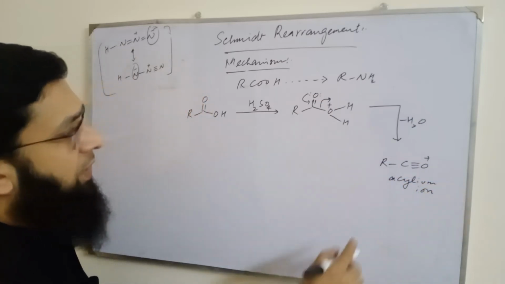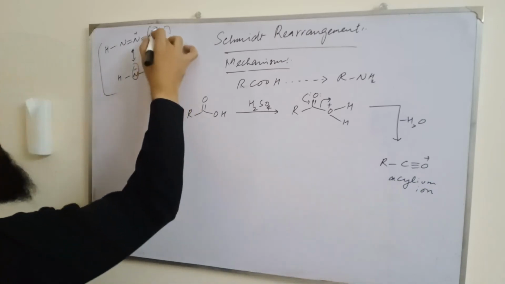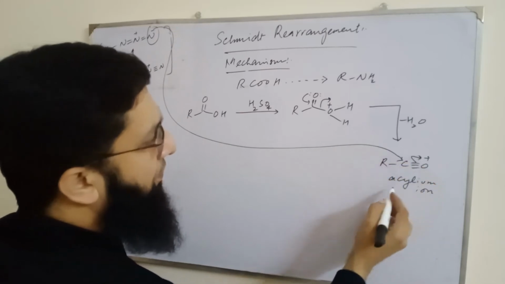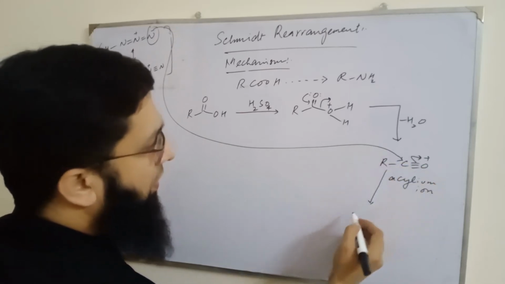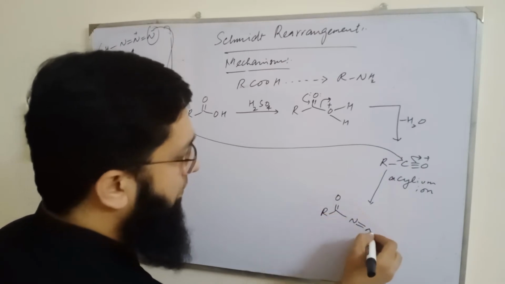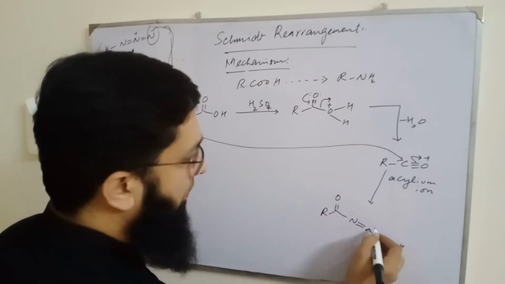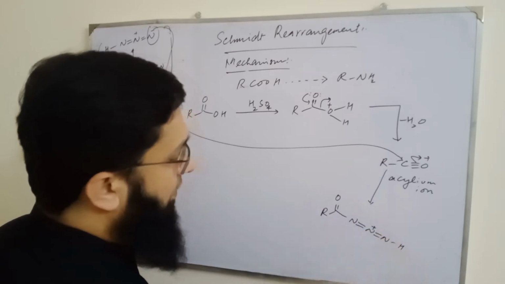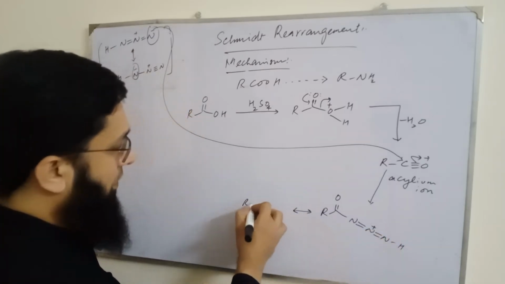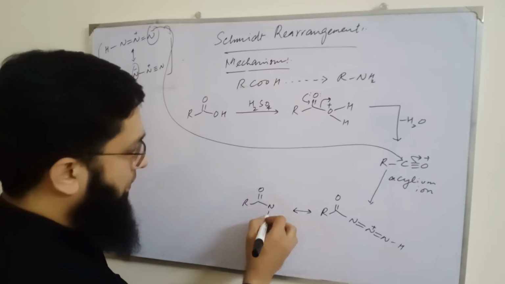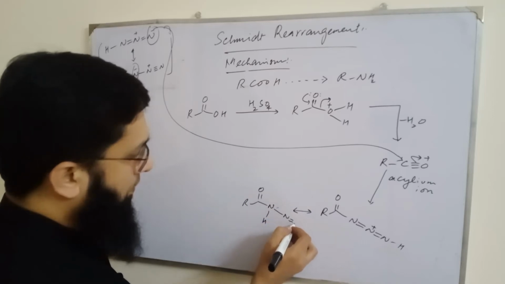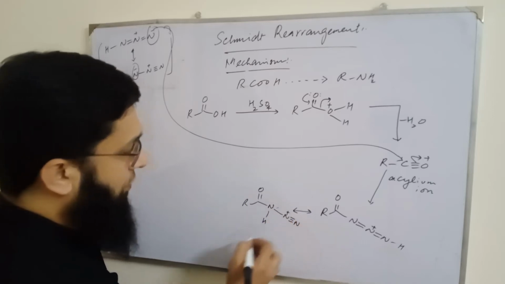and this acylium ion is attacked by this form of hydrazoic acid, and we get this one, and this can tautomerize into this form.